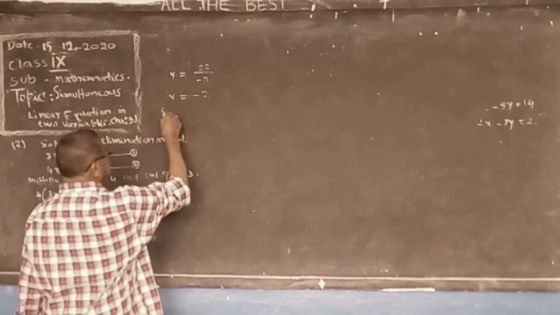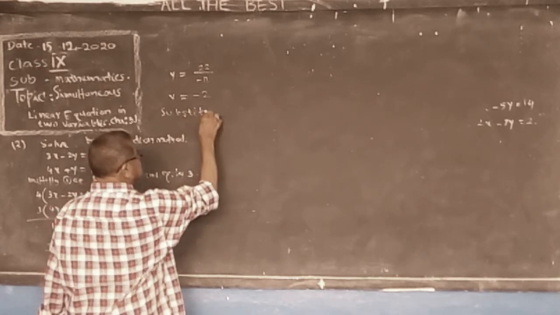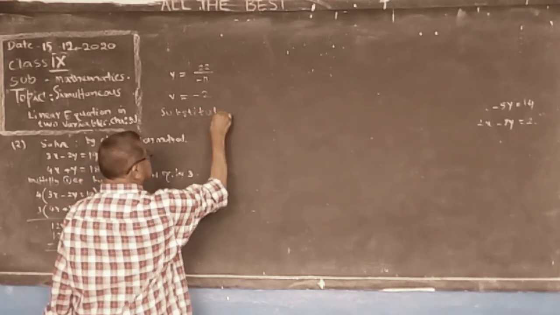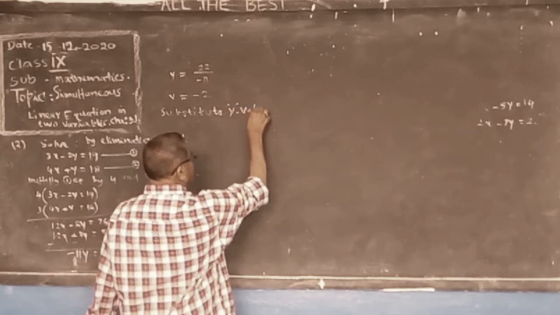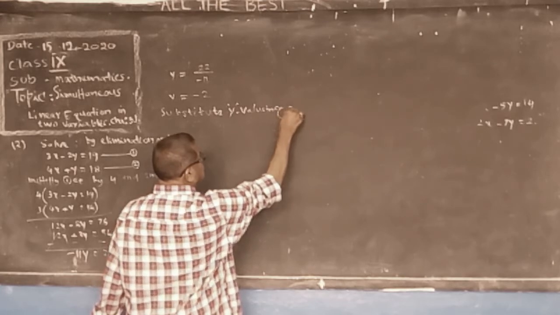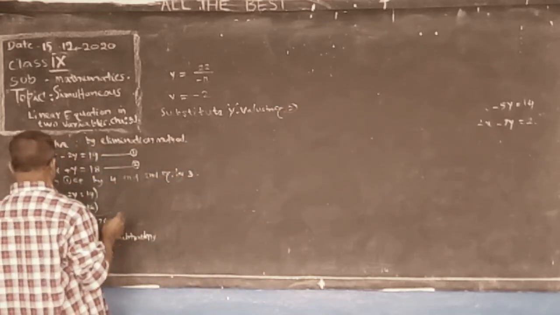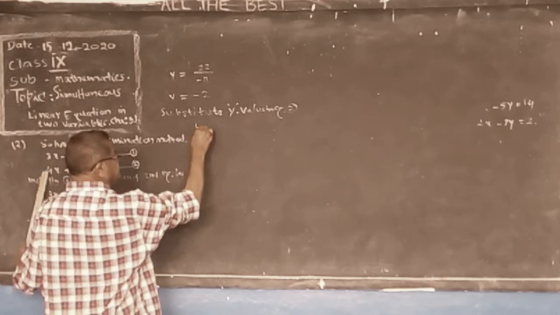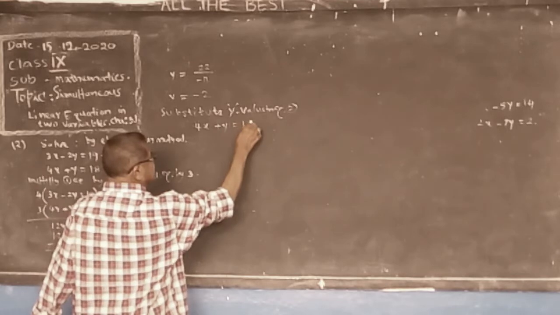Substitute the y value in equation 2. What is equation 2? 4x plus y is equal to 18.